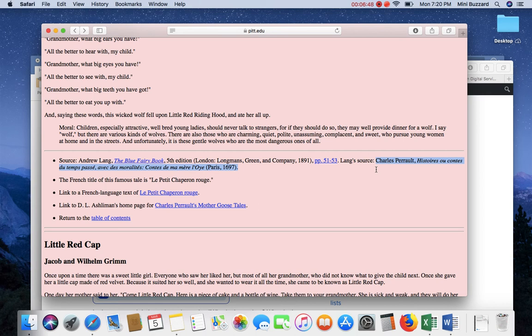So I'm just going to go with he reproduced it, so edited it, into his book, The Blue Fairy Book, in 1891. Okay, so container 1, Charles Perrault's piece. Container 2, Andrew Lang's Blue Fairy Book.